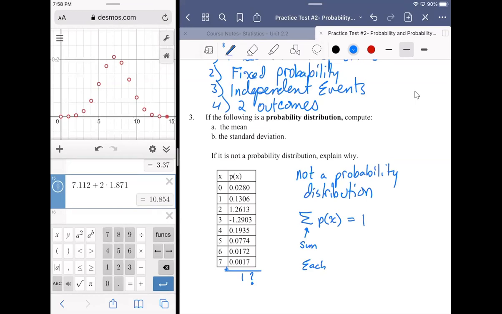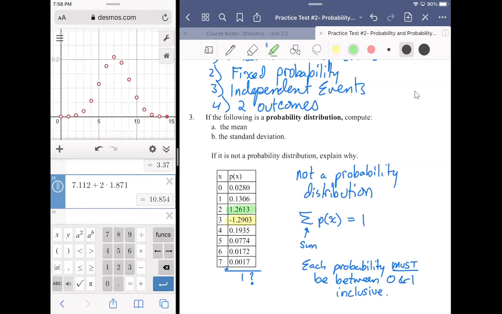Each probability must be between 0 and 1 inclusive. All right. So it can be 0, it can be 1, can be anything in between, can't be anything beyond. Right. So definitely can't have negative numbers. Definitely can't have a value that's bigger than 1.